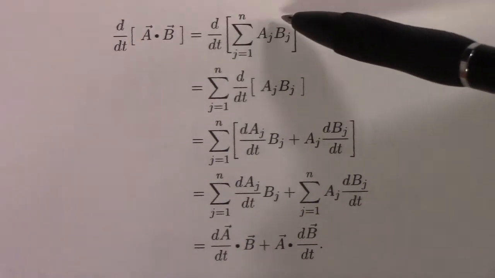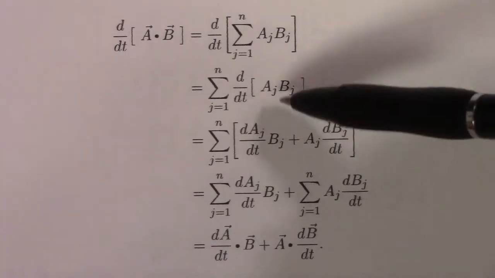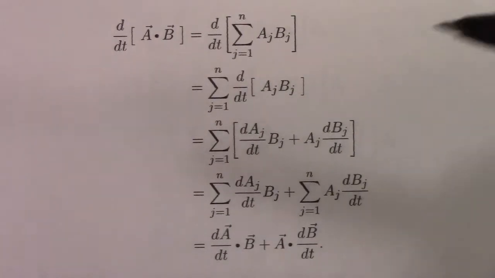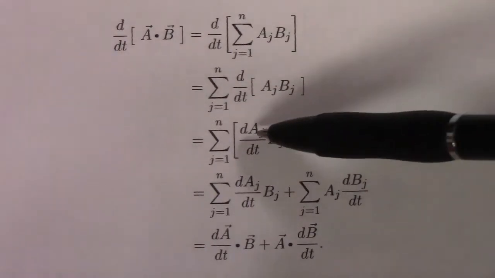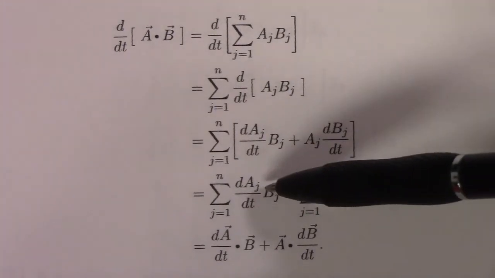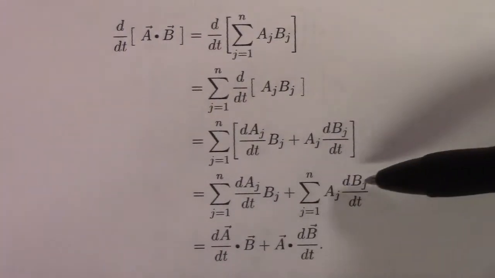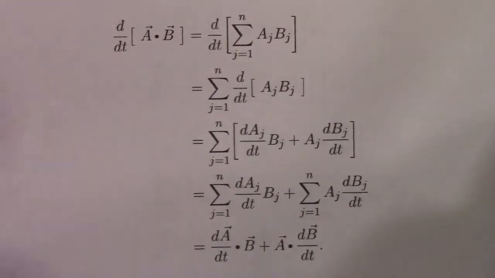This is a derivative of a sum, so it's the sum of the derivatives. And then we do the ordinary product rule on the product a_j b_j. That gives us this. Then I use properties of finite sums to rewrite it as two sums. And then tilt my head and squint and say, wait a minute, that's dA/dt dot B, and this is A dot dB/dt, and there you go, that's the product rule for the dot product.